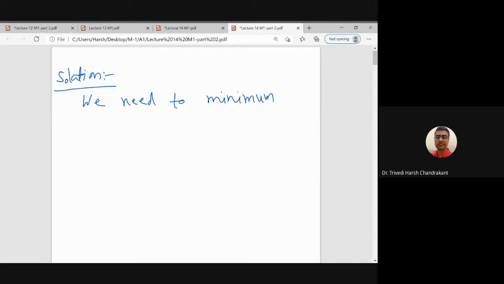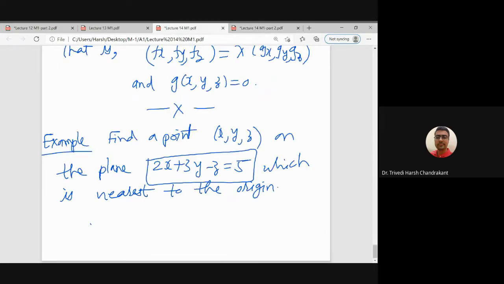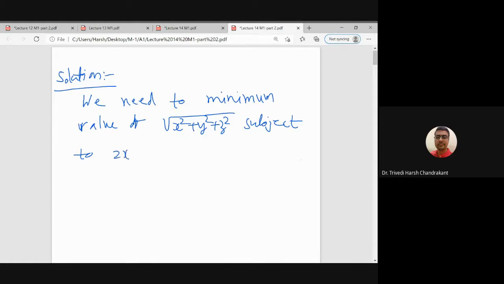So we need to find minimum value of square root x square plus y square plus z square subject to the equation of the plane, that is 2x plus 3y minus z equals to 5.